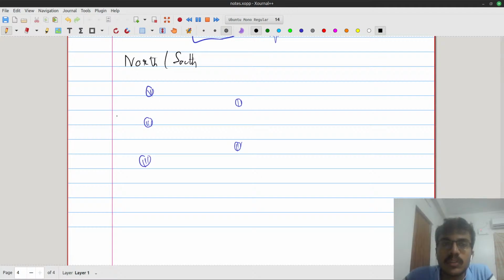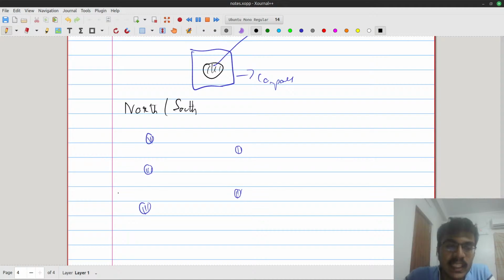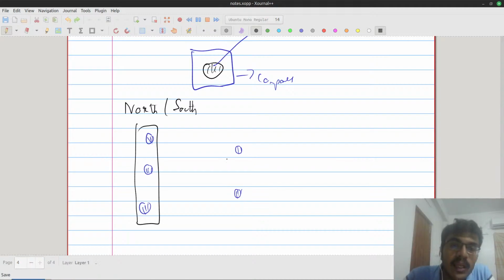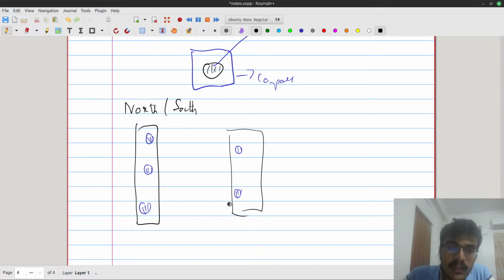You can think about what the answer will be here. The compass can only point to the north or the south. That means we only care about the x coordinate.